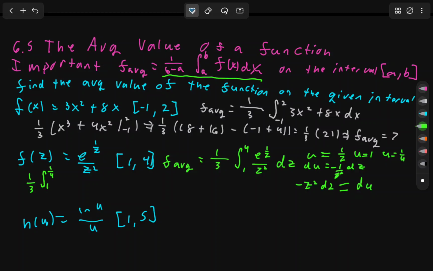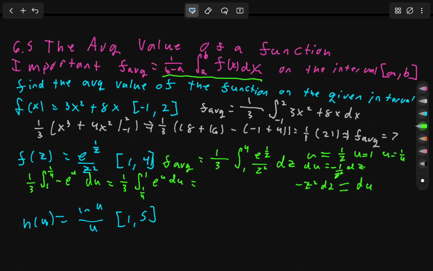And because we have to divide this out, we get negative e to the u du. I'm just going to cancel the two negatives for swapping the bounds here. So we really get 1/3 times the integral from 1/4 to 1 of e to the u du.